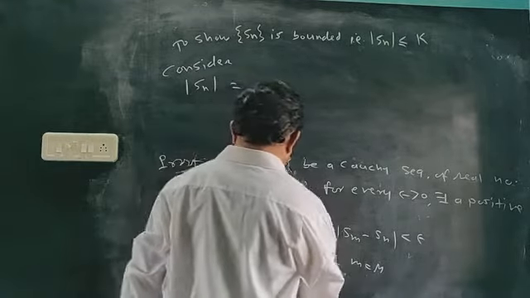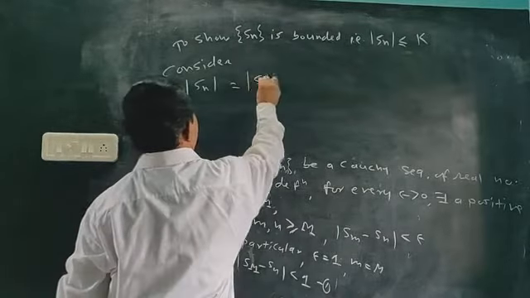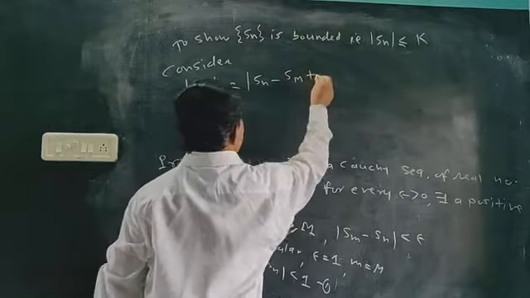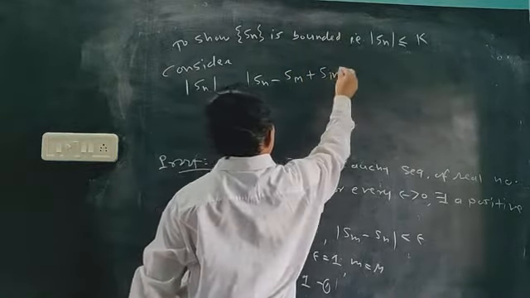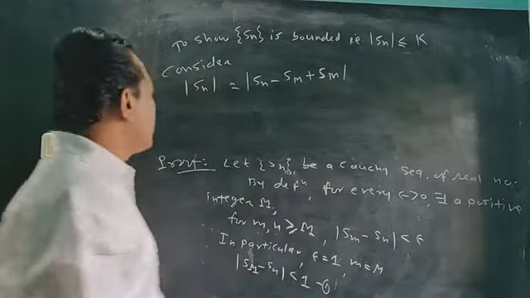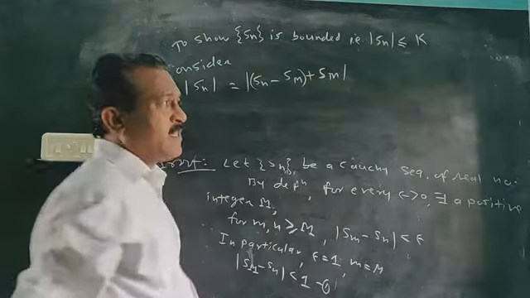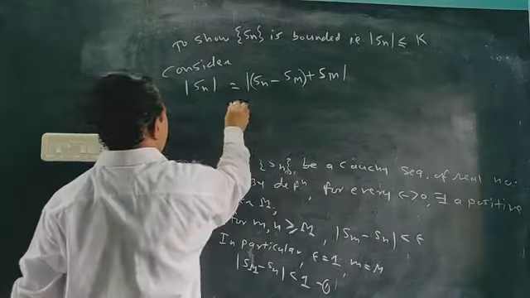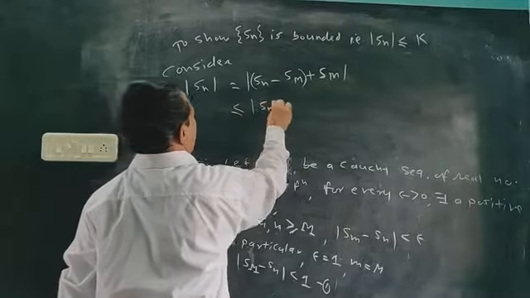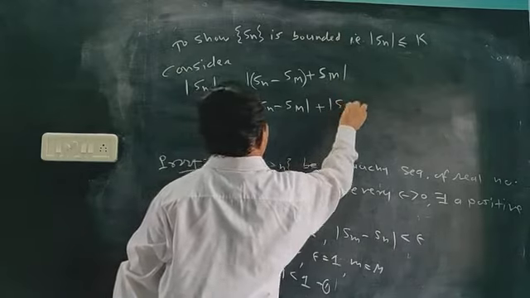We know Sn minus SM, so adding and subtracting SM: this as one term, SM as a second term. Then mod of the sum is less than mod of the first term plus mod of the second term.